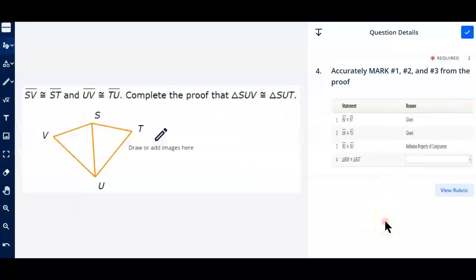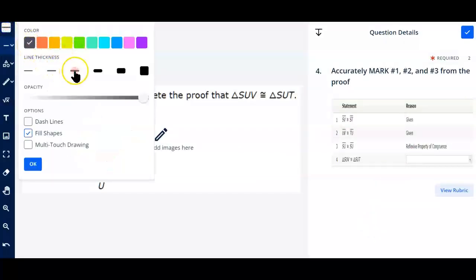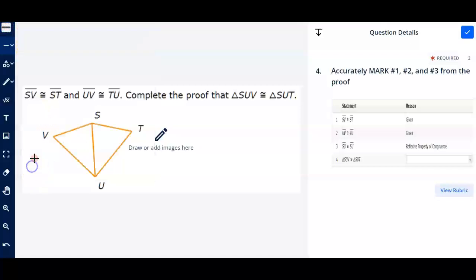Ideally, it helps out if we mark these in order. Make sure this is a reasonable thickness.